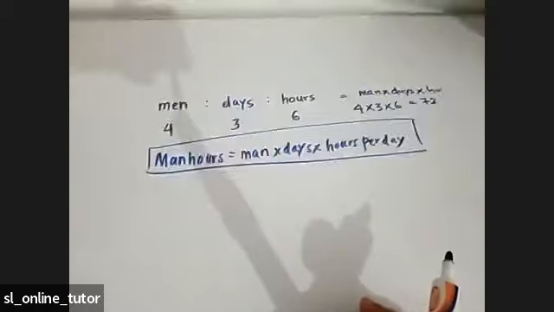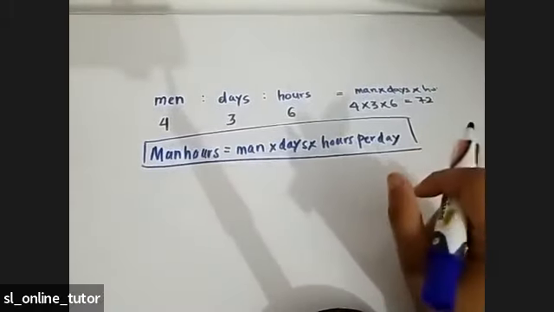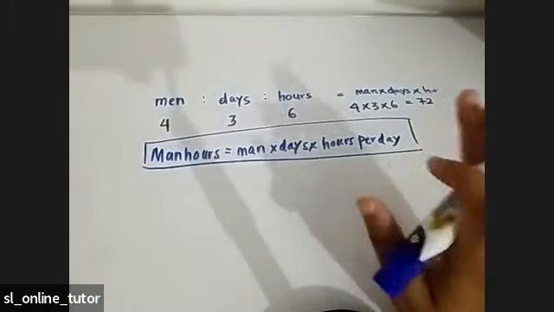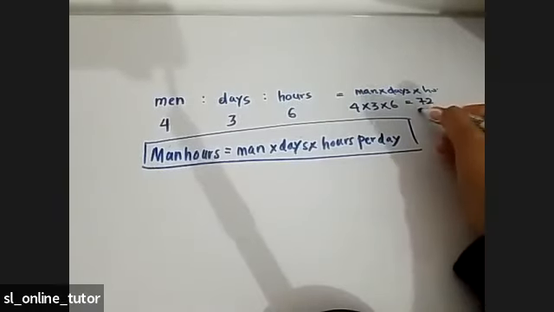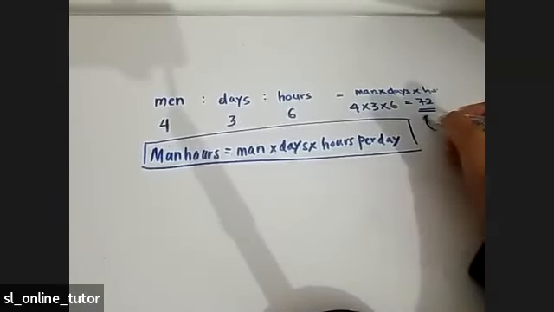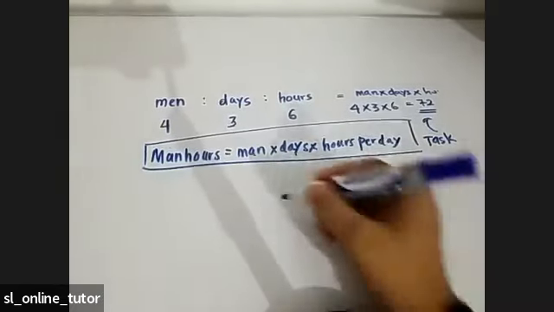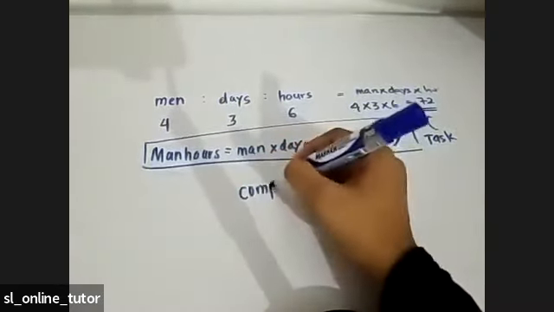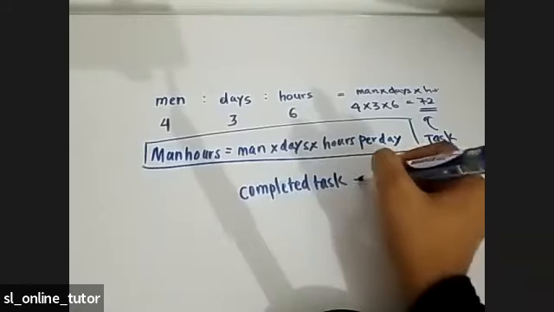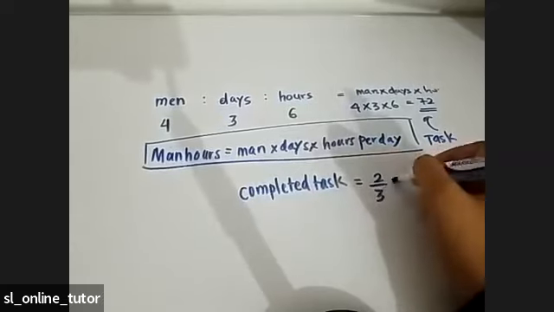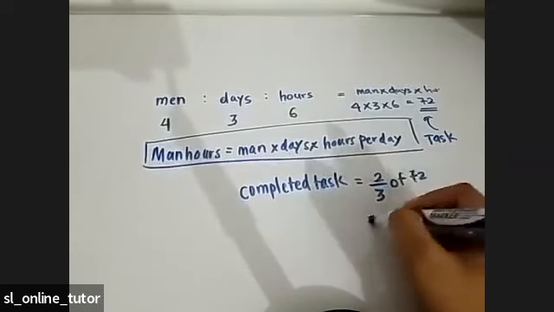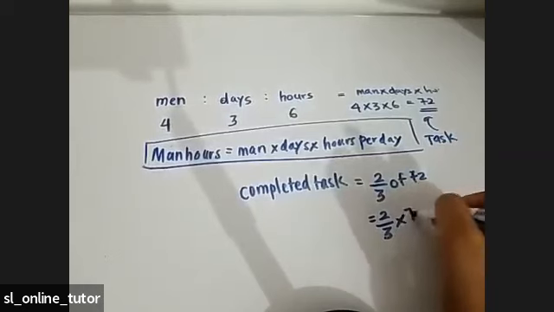Right. How can we find? They have finished only 2/3 of the task. Task is 72. 2/3 of the task means how can we find? 72 times 2/3. Completed task is 2/3 of 72. 2/3 multiplied by 72.